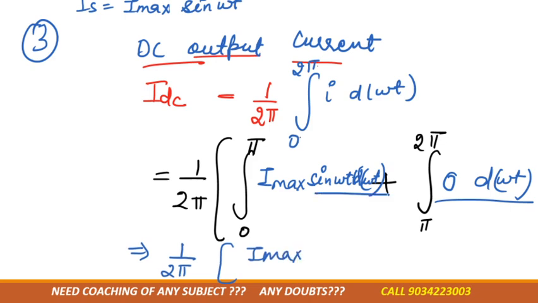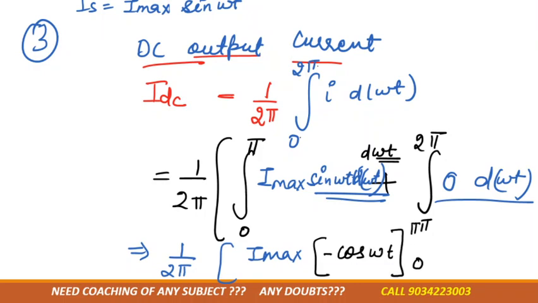What is the integration of sine omega t? Integration of sine omega t is, no, not divided by omega, because we are integrating with respect to omega t, not t. If we were integrating with t, then we would consider 1 by omega. Okay, so the limit is 0 to pi.